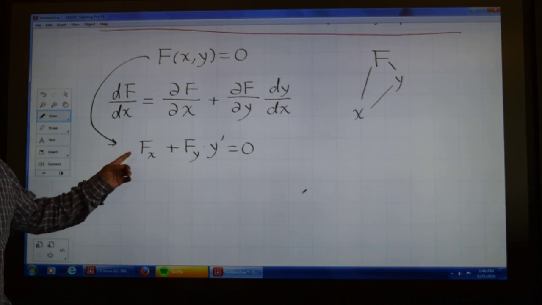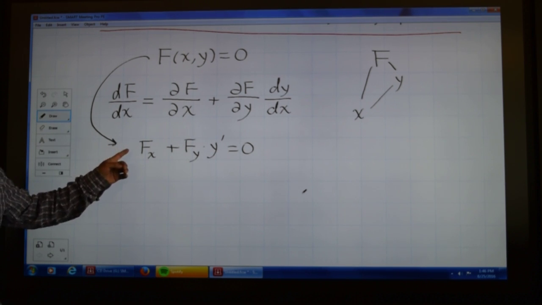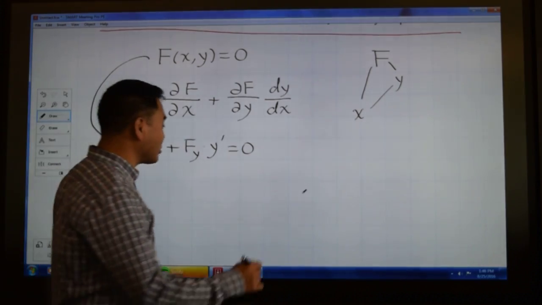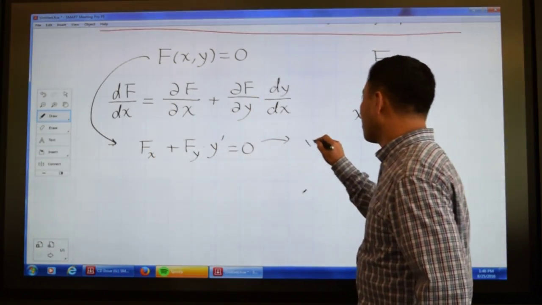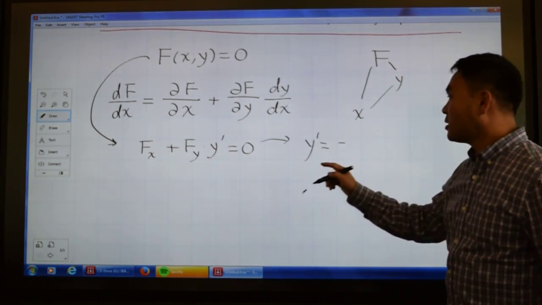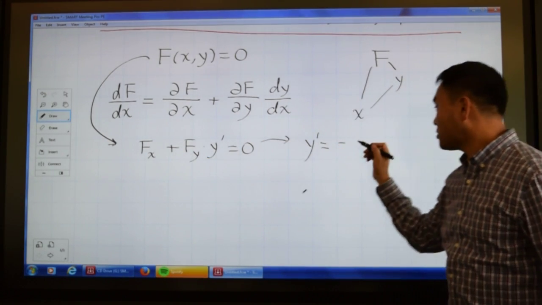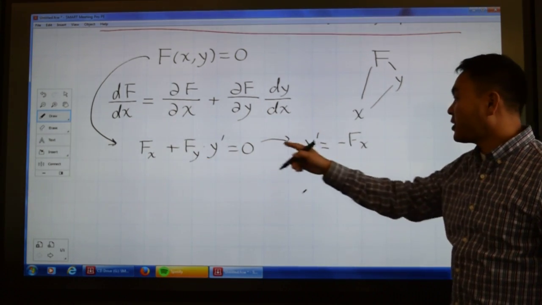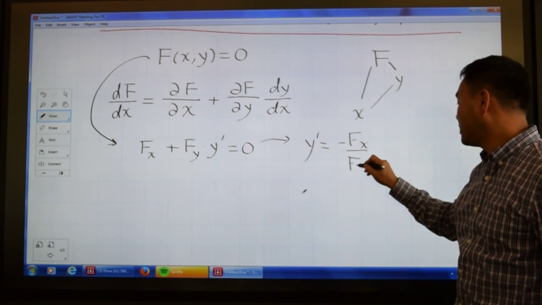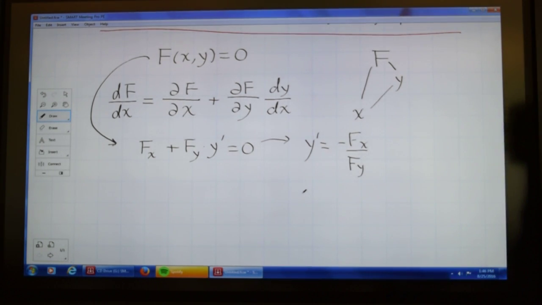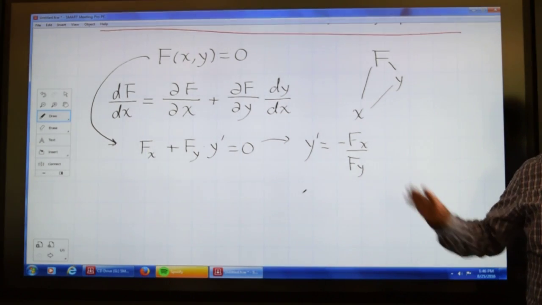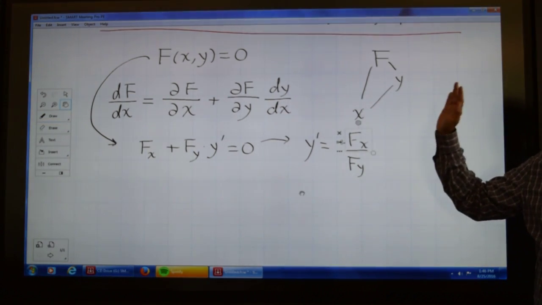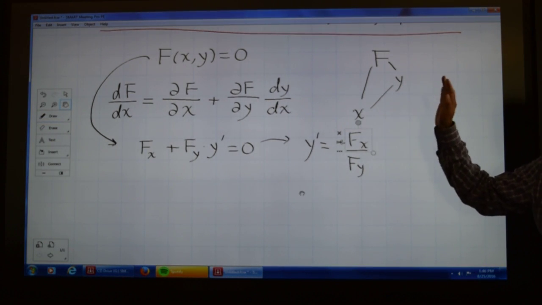And you can basically think of this as a shortcut for solving implicit differentiation questions. You can actually solve this for y prime. Let's see, you move the fx to the other side, and you divide by fy. And this cute little formula will solve any implicit differentiation question that you are given in Calculus 1.